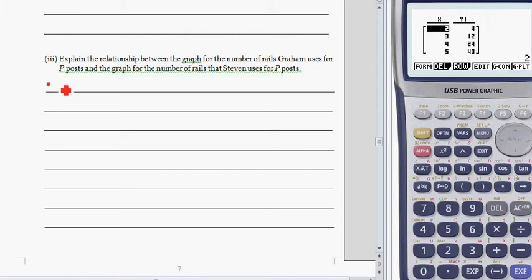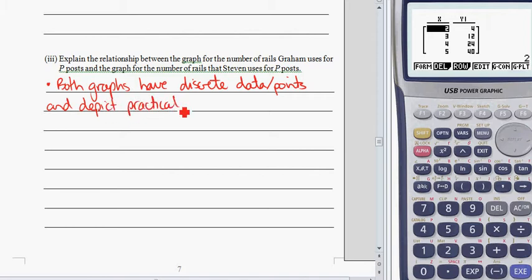We could mention that both graphs have discrete data, slash points, and depict practical patterns, so are not joined with a line.